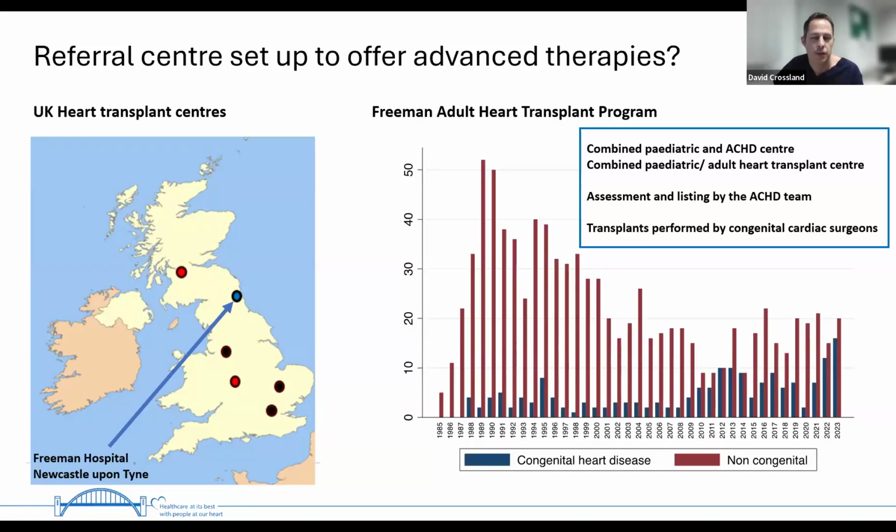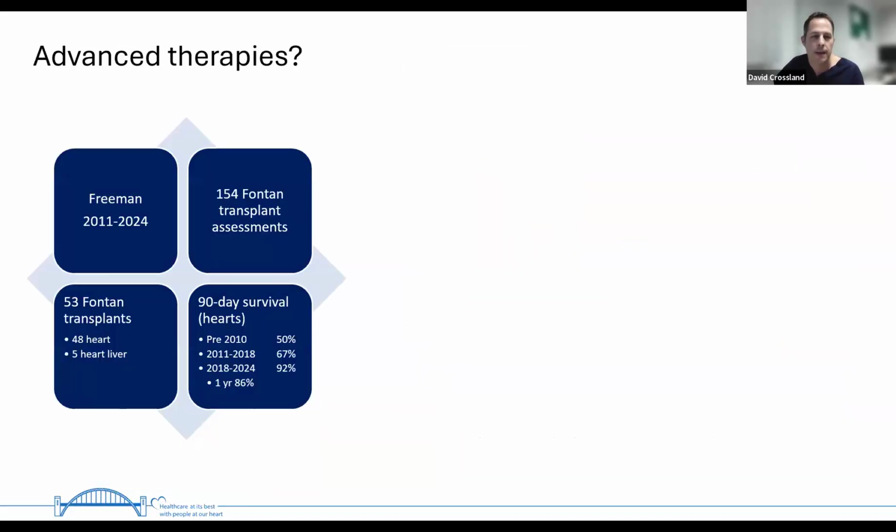We have a combined pediatric and adult heart transplant program, and we carry out our assessments and listing by the ACHD team, and it's the congenital team that takes ownership of these patients. But several different models exist, and you can see that the number of adult congenital heart disease patients we've transplanted is now competing with the non-congenital patients. And so what are the advanced therapies that you are referring for?